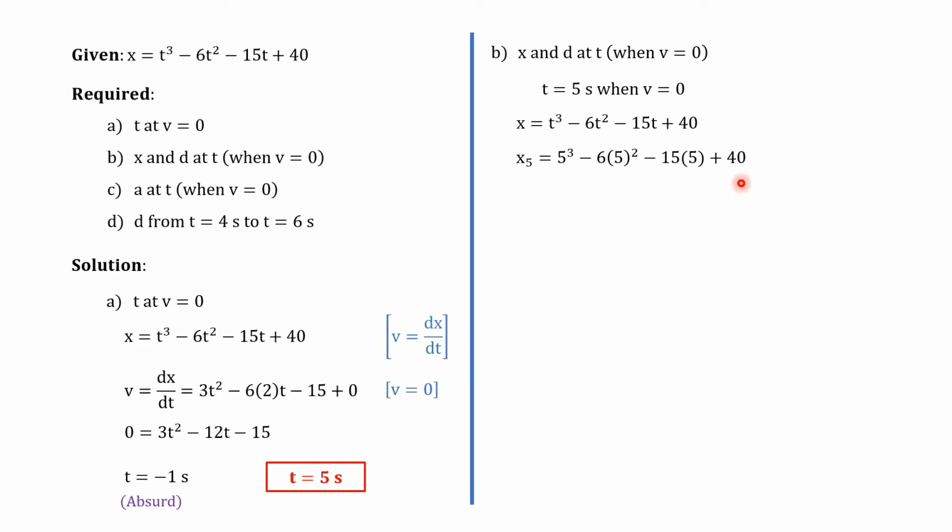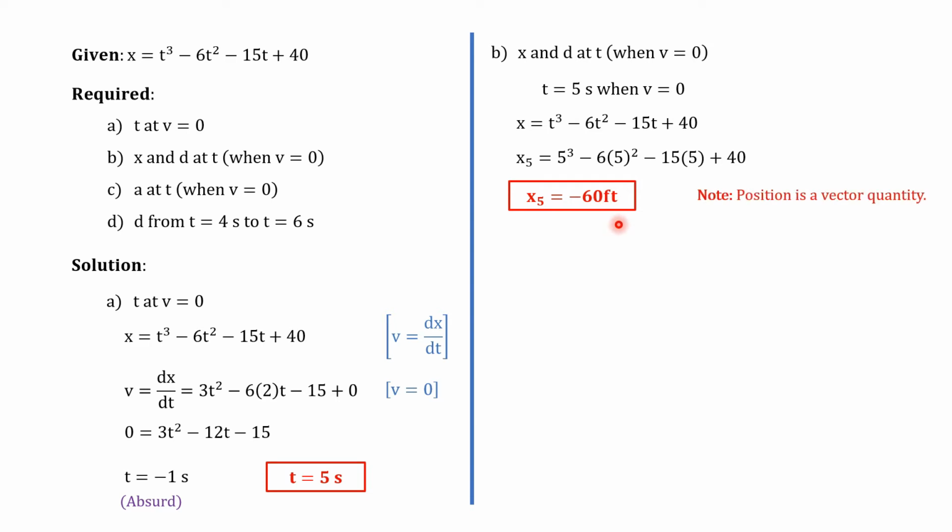Take note that I use a subscript 5 on variable x to denote the position of the particle from the reference at time equal to 5 seconds. So x sub 5, when we simplify, is just equal to negative 60 feet.